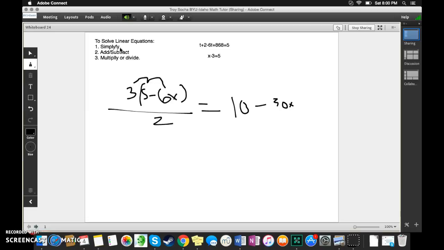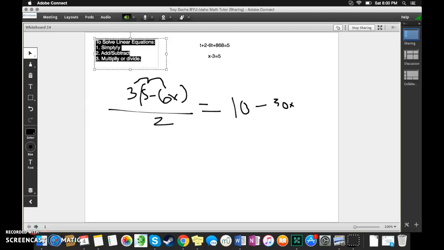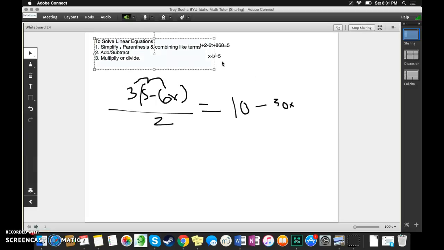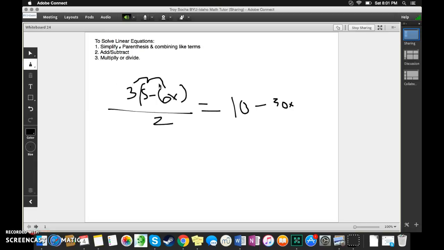So that means any parentheses, when you're simplifying. The main focus here is parentheses and combining like terms. So if that's the main emphasis, then let's add a minus 2x to the top of that fraction. Now we're going to distribute.